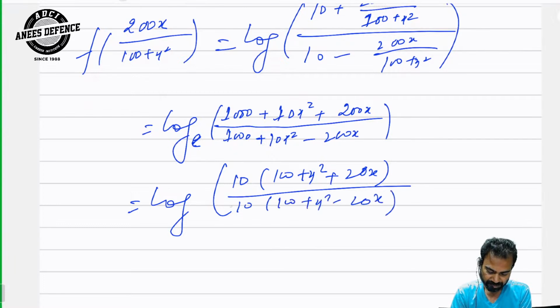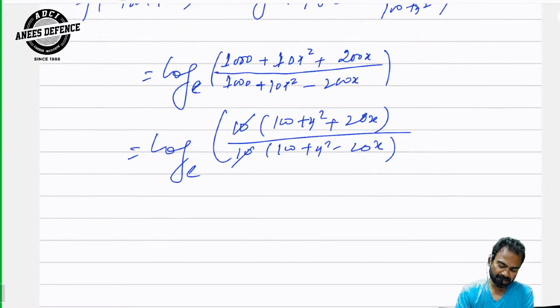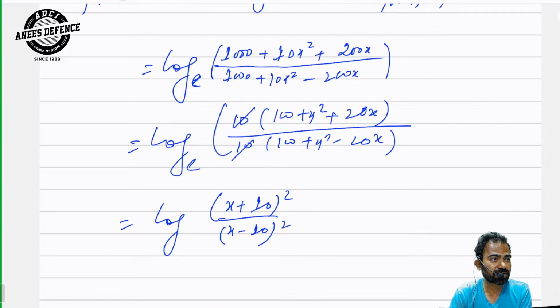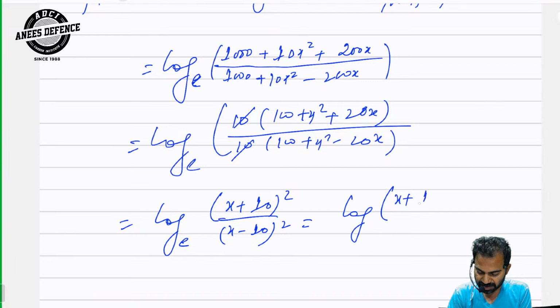Any problem? 10 10 will cancel. In the numerator I can see this is x plus 10 to the whole square. In the denominator, x minus 10 to the whole square. Have you understood this? The log of (x plus 10) upon (10 minus x) whole square.